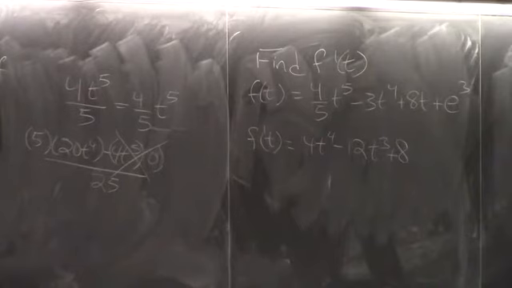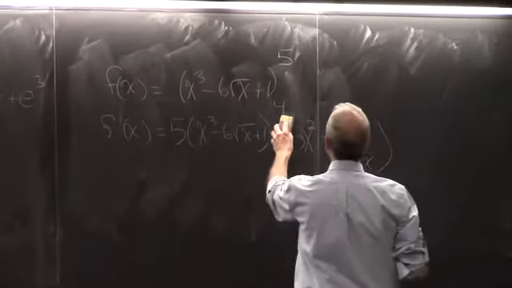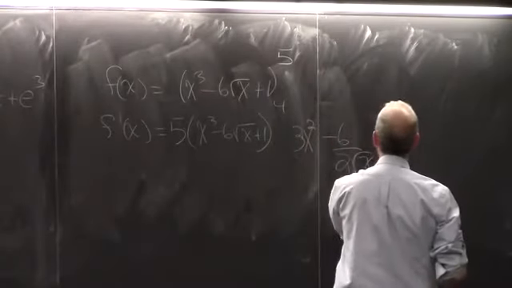This one is 5 times this stuff to the 4th, so you leave that alone, times the derivative of the inside, which is 3x squared minus 6 over 2 root x, plus 0. Some of you, when you did this, you forgot these parentheses.